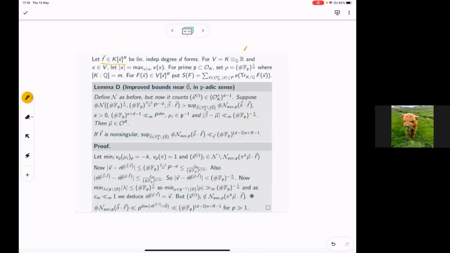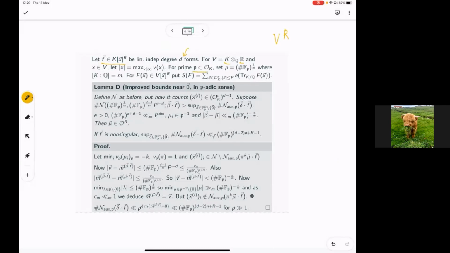So I want to tensor the number field with the real numbers to get some vector space, and then our analog of the unit hypercube is going to be a set in V to the R. So I'm back with, for simplicity, a single degree now.